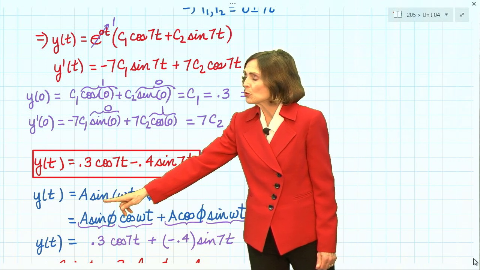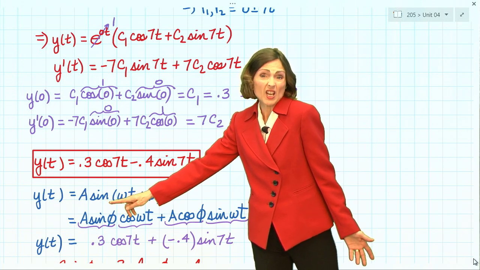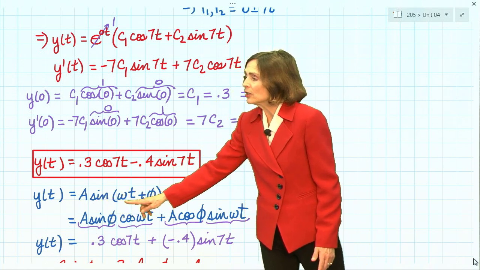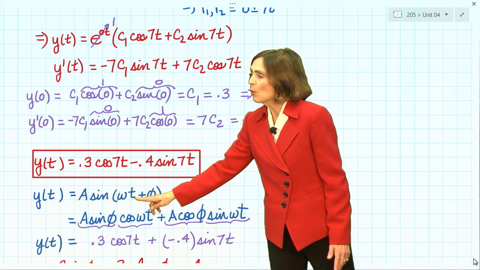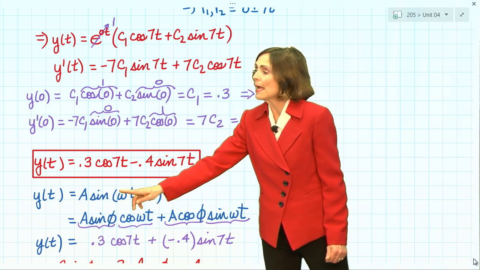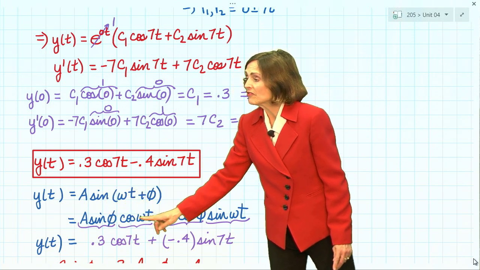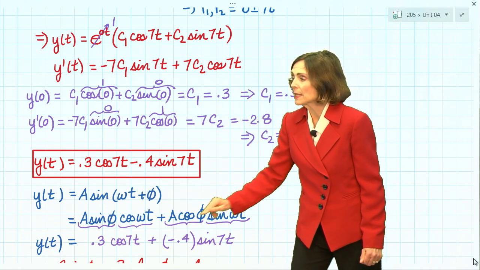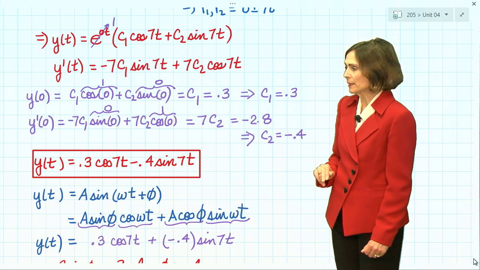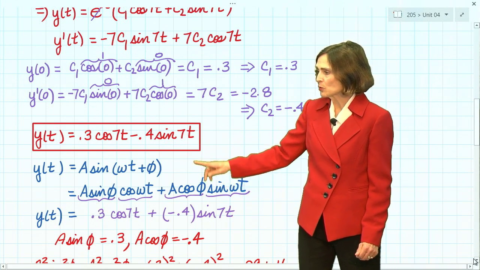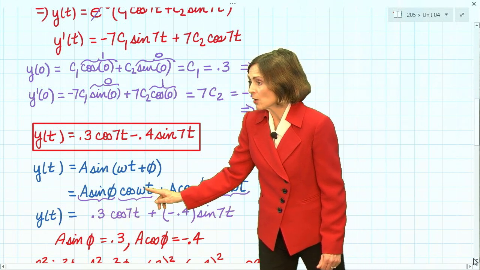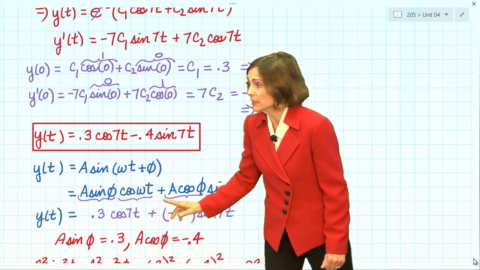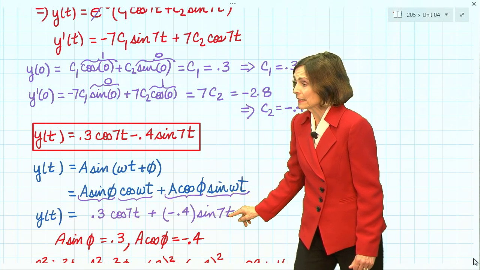So if I use my trig identity for sine of a plus b, I can write A sine omega t plus phi as A sine phi cosine omega t plus A cosine phi sine omega t. Well, if we match those up, then that means cosine omega t is cosine 7t, sine omega t is sine 7t.